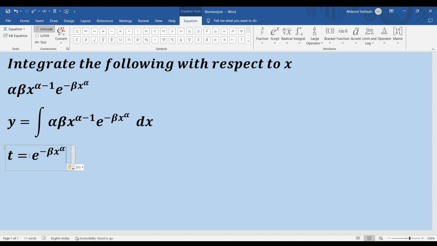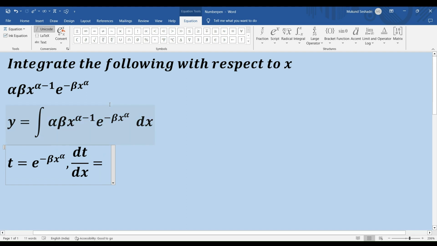So my t equals e to the power minus beta times x to the power alpha. My dt by dx equals, I first differentiate the e to the power expression with respect to the expression, which is nothing but e to the power expression itself. And then I go to the expression in the power of e. I have a minus beta times x to the power alpha, right?